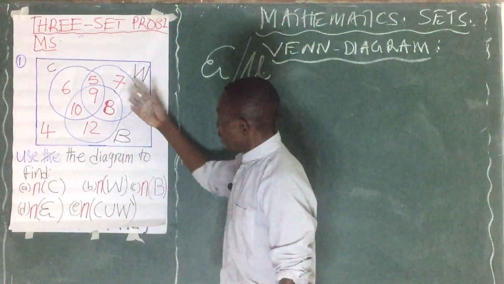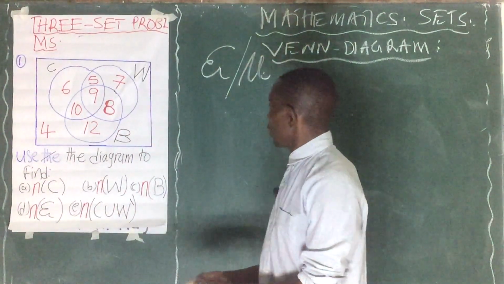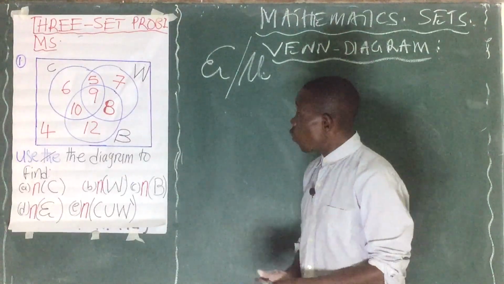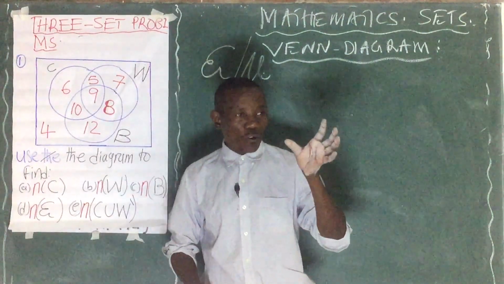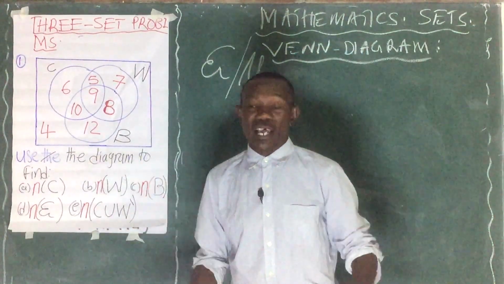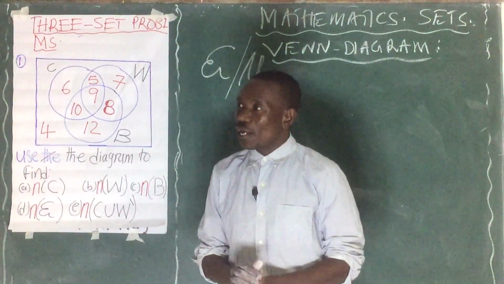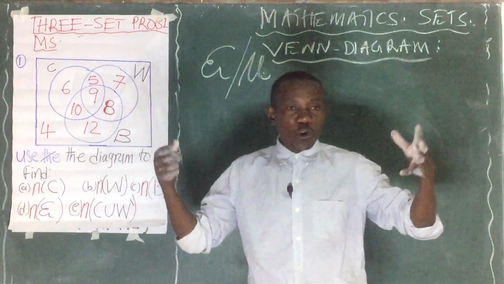What we have here are numbers of elements found in a particular set of the universal set. Say, the number of students who go for Roman Catholic in a Form 3 class, the number who go for maybe CCP, those who belong to Seventh-day Adventist, those who belong to both.